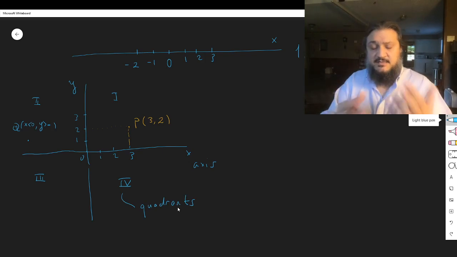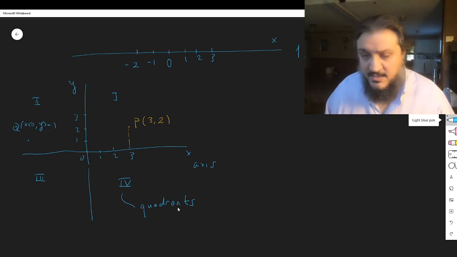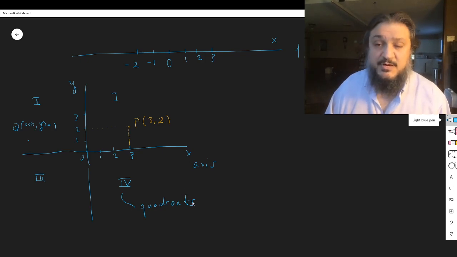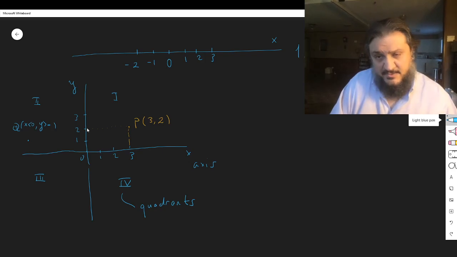And this way of describing points on the xy plane is called Cartesian coordinates, or rectangular coordinates. The reason we call it rectangular is because of this rectangle that is formed here.